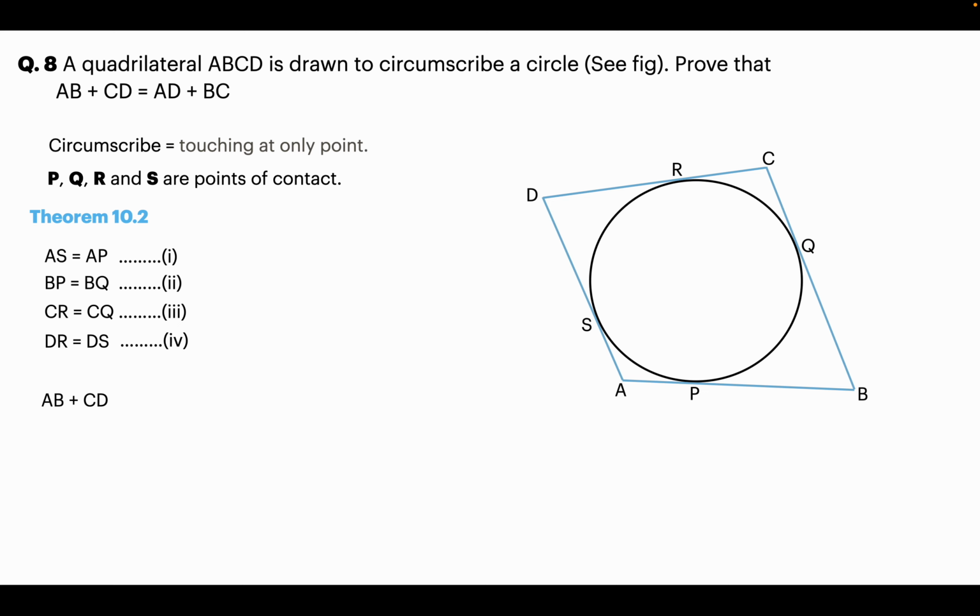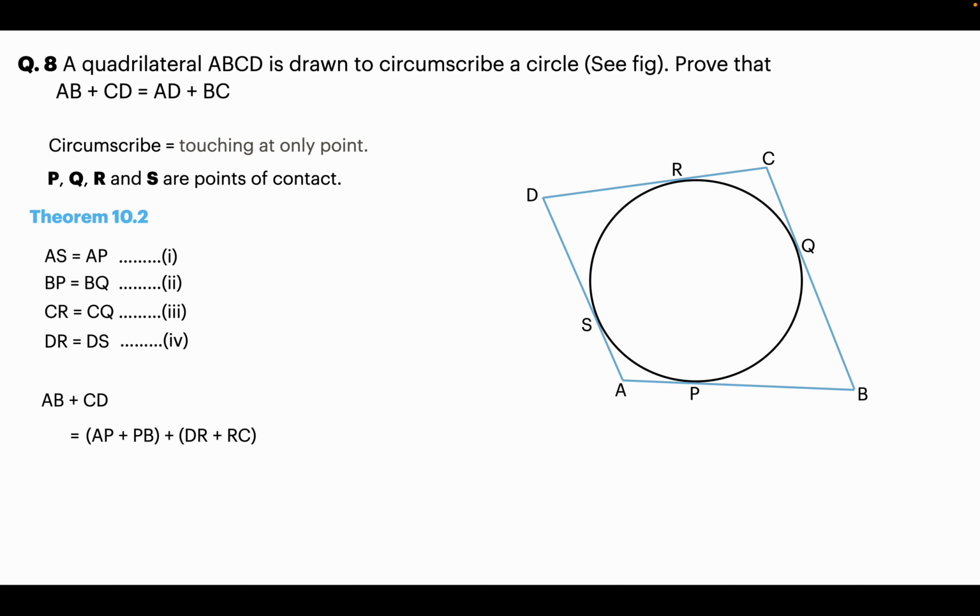Now I want to prove that AB plus CD is equal to AD plus BC. So I take up AB plus CD, and if you look at the line AB, you can break it up into two parts, that is AP plus PB, and CD into two parts, DR plus RC. Now I have to prove that the sum of these two sides, AB plus CD, is equal to the sum of the other two sides.